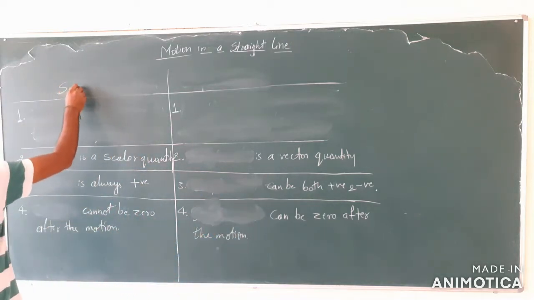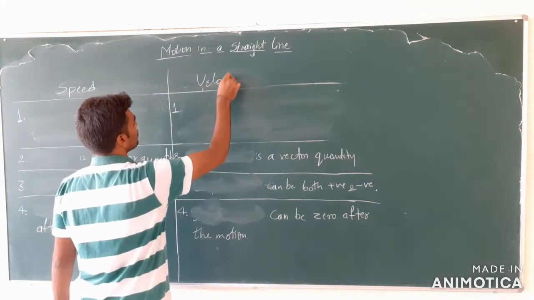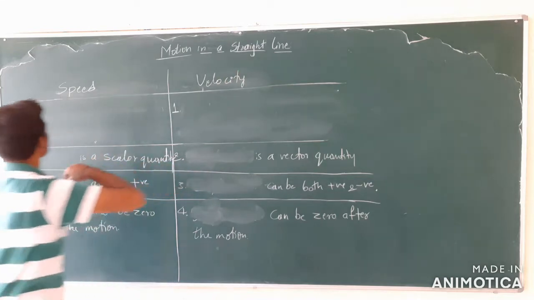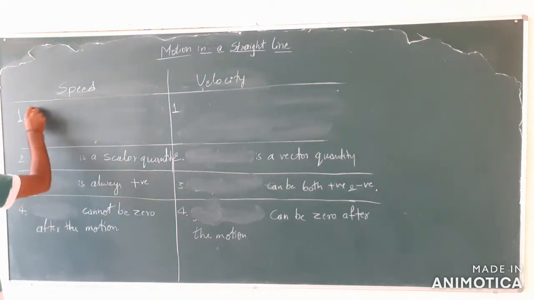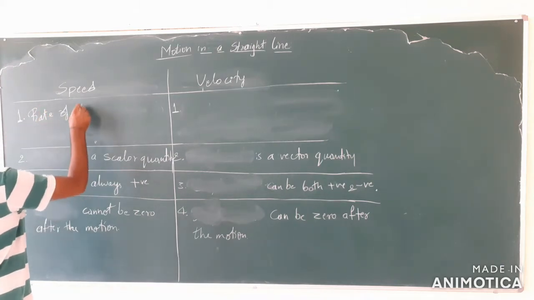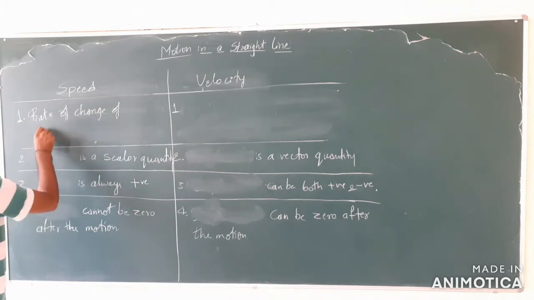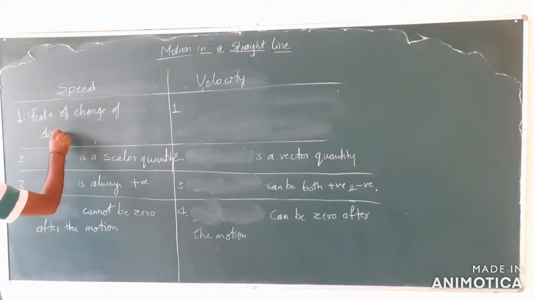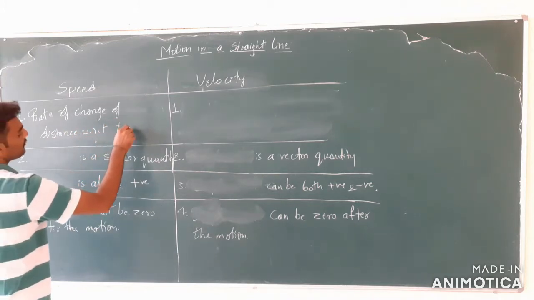So now it is the difference between speed and velocity. How do we define speed? Speed is the rate of change of distance with respect to time.